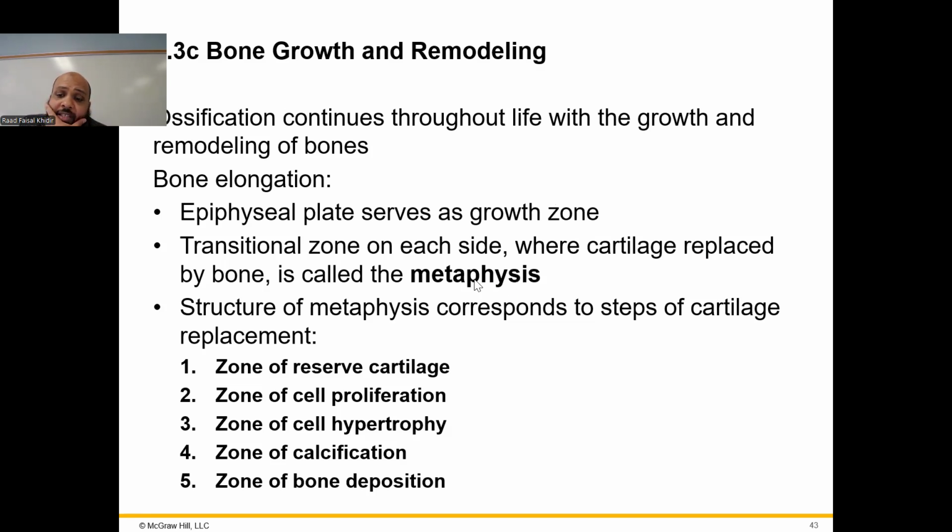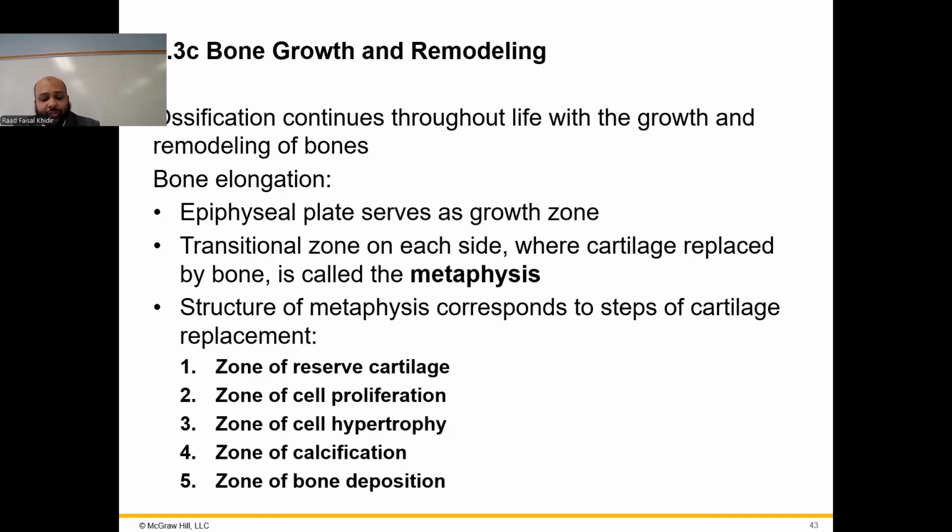The metaphysis is the region where you have a transitional zone where cartilage is replaced by bone. So the epiphyseal plate is the growth zone, and there's a transitional zone where cartilage is replaced by bone.